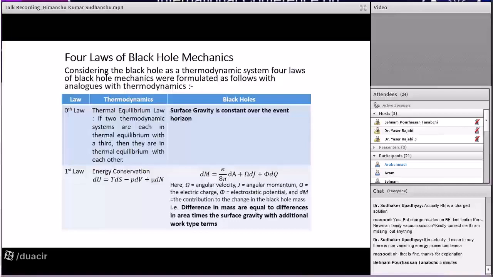It says that energy stops flowing at thermal equilibrium. A similar analogy has been found in black holes, where surface gravity is considered to be constant over the event horizon.